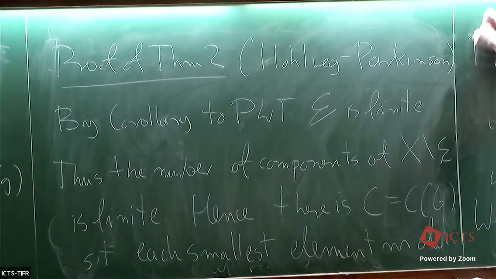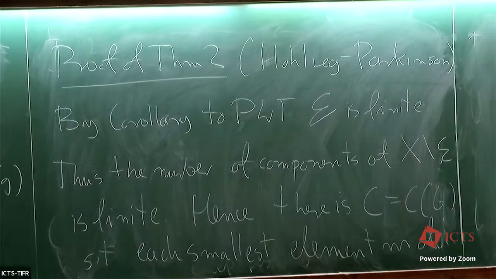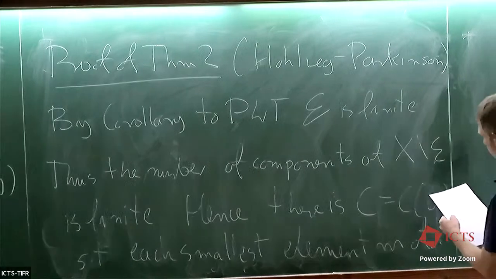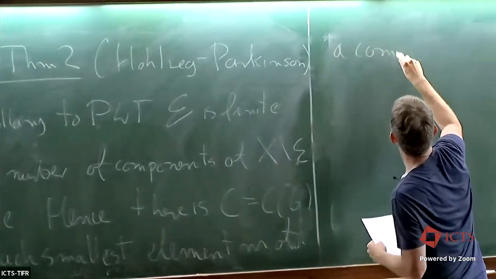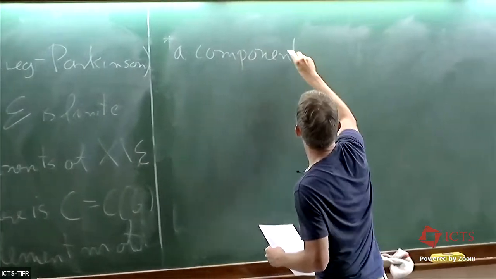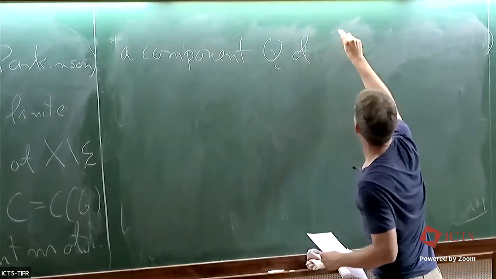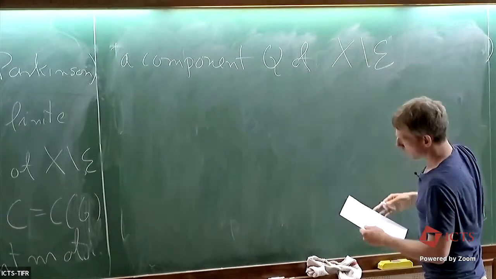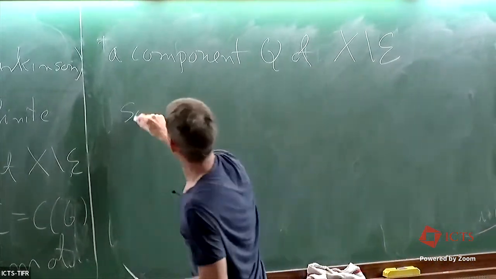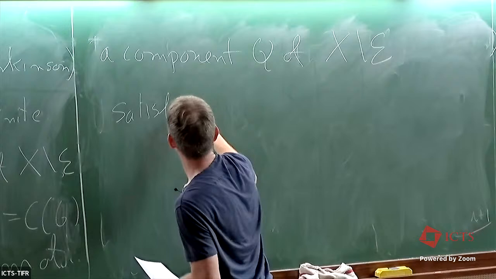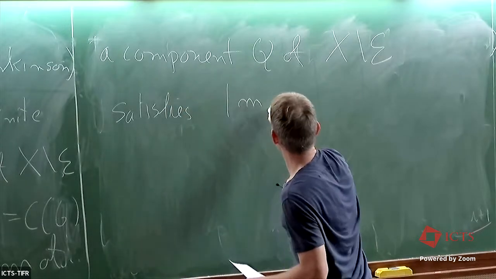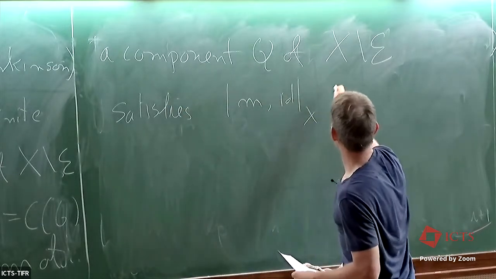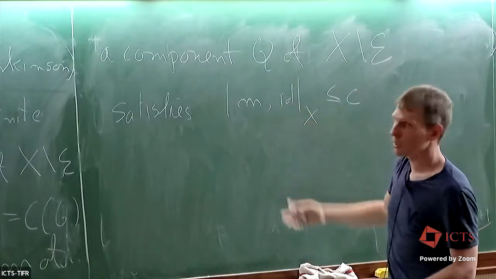of a component Q, as a minute ago, each smallest element of a component Q of the Cayley graph minus the set of elementary walls satisfies that the distance between this element and identity in the Cayley graph is smaller than C. It's just that there are finitely many elements.